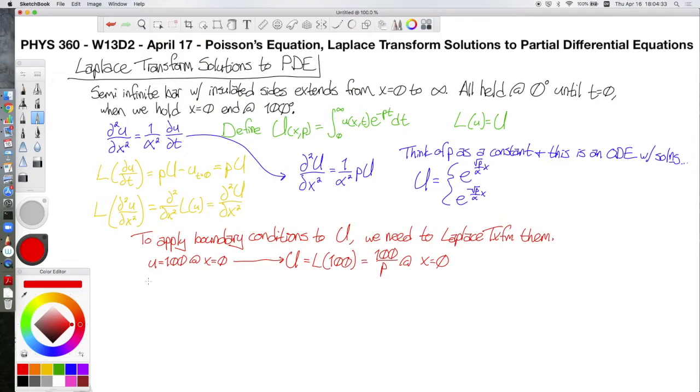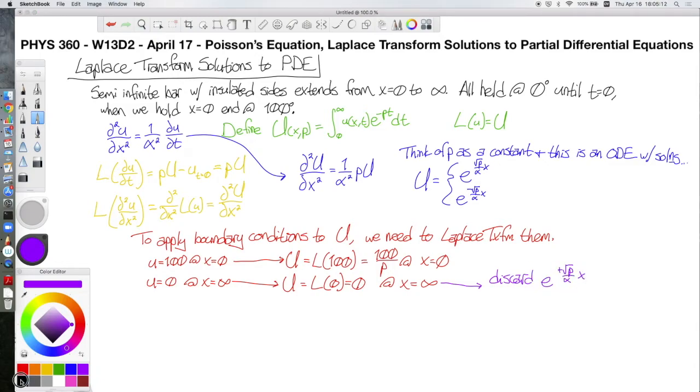And our boundary condition that u equals 0 at x equals infinity will have to become big U equals the Laplace transform of 0, which is just 0, at x equals infinity. Well, if our function big U has to go to 0 at x equals infinity, that means we can discard our positive power solution.